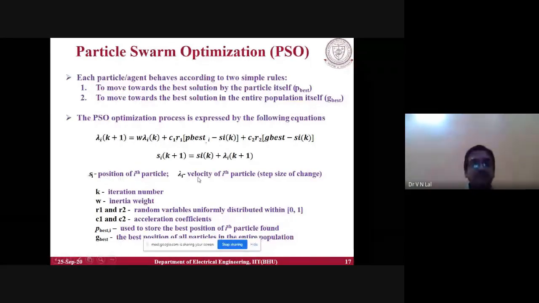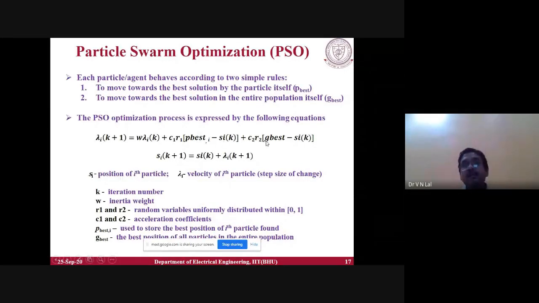And this lambda ik is the previous velocity. So previous velocity, individual best position of ith particle, and global best position for the entire group will decide the new velocity. And the new velocity is added to the previous position, and the new position is obtained.